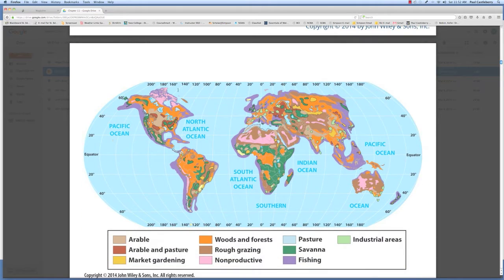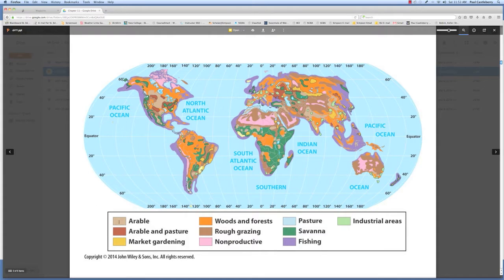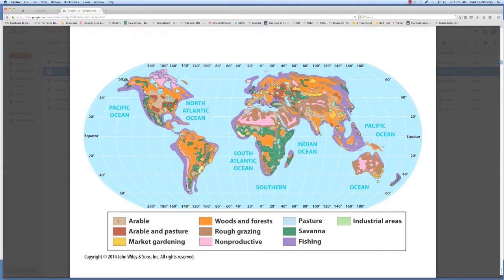Now this here is a very interesting slide. When we talk about arable, in other words, that means the ability to grow crops. So think about arable as a way to grow crops. Notice here, the key shows arable as the tan, light brown.